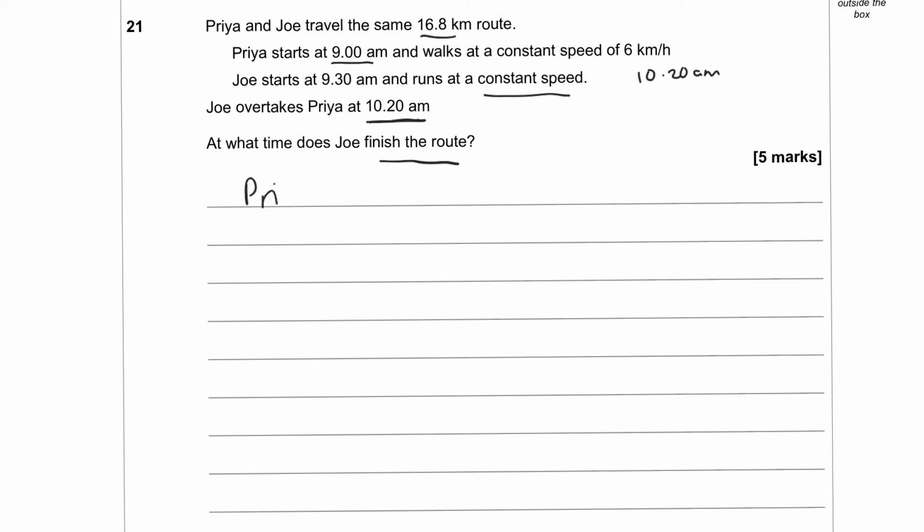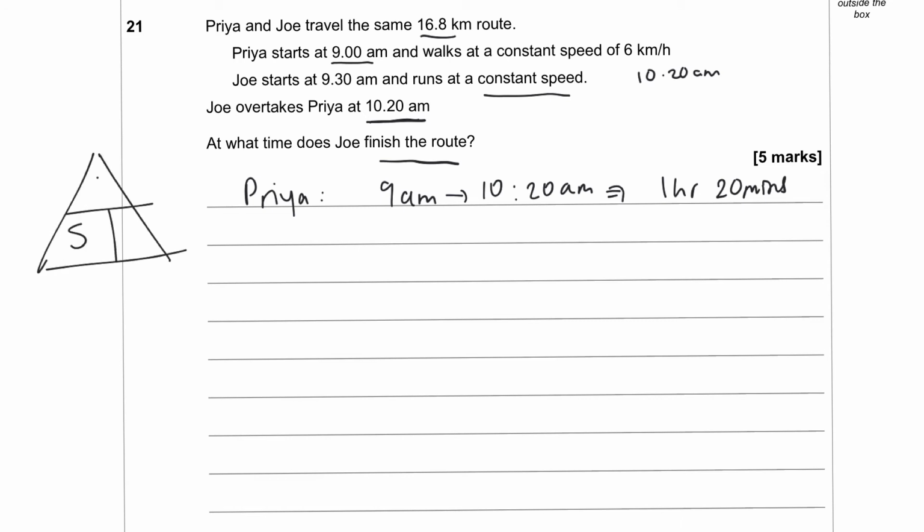So for Priya, from 9 a.m. to 10:20 a.m., her time is 1 hour 20 minutes, right? To work out her distance, I'm going to draw the triangle for it. Speed equals distance divided by time. So distance for Priya is equal to speed, which is 6 kilometers per hour, times the time.